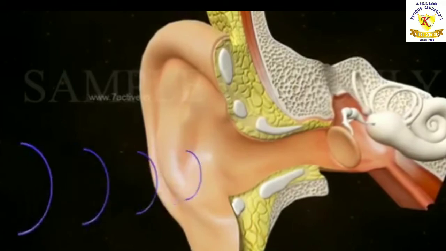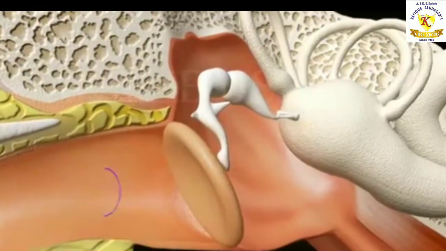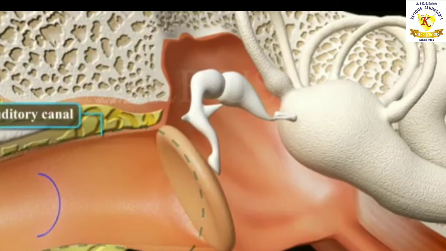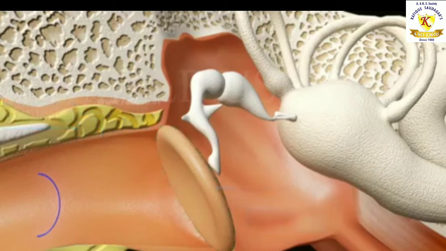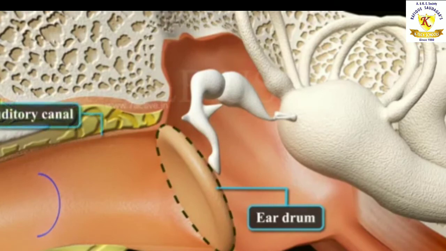It collects sound from the surroundings and passes it through the auditory canal to the eardrum. Eardrum is a thin membrane present at the end of the auditory canal, also called the tympanic membrane.